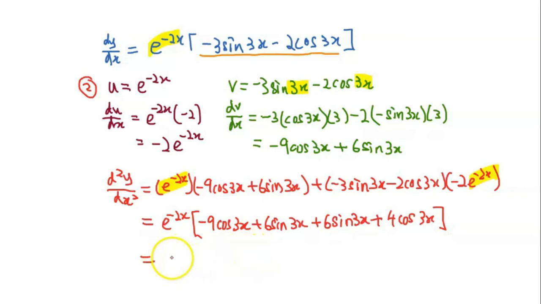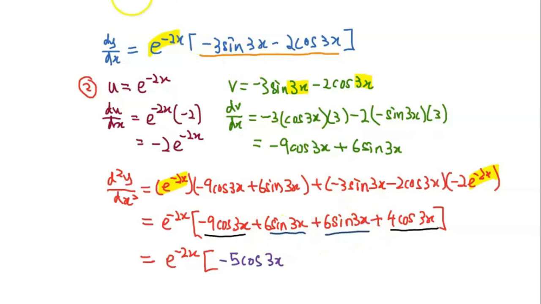Lastly, we simplify our answer. Negative 9 cos 3x combined with 4 cos 3x gives negative 5 cos 3x. Then 6 sin 3x plus 6 sin 3x equals 12 sin 3x.